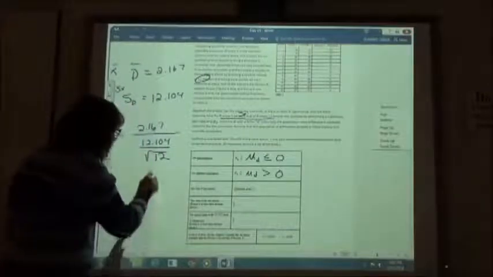Oops, I forgot to do my test. We'll put that in there after we do the value of our test statistic. We'll just go out of order.